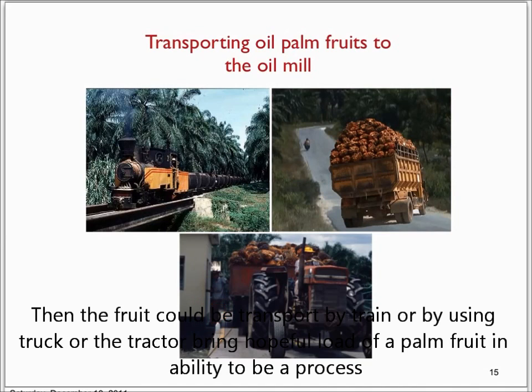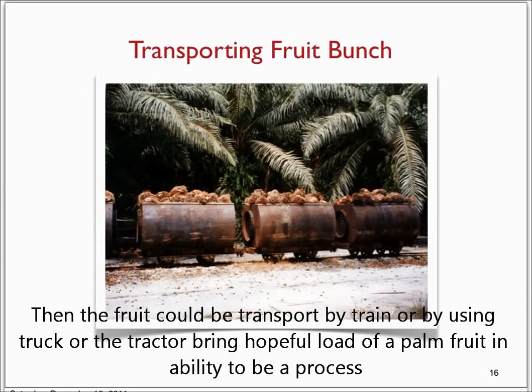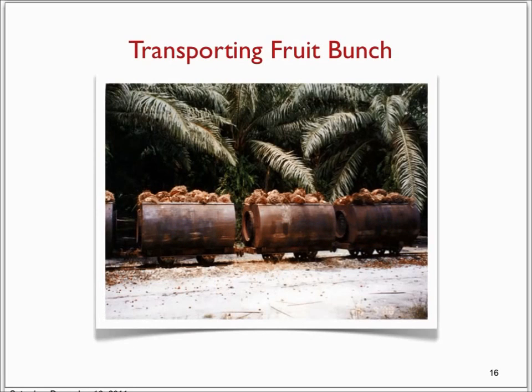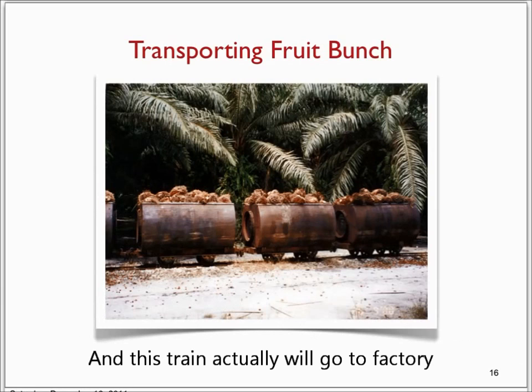As you can see here, the tractor brings a full load of oil palm fruits into the factory to be processed. So if you live near the plantation, you can sometimes see the fruits being transported by a train, in this case, and this train will go to the factory.